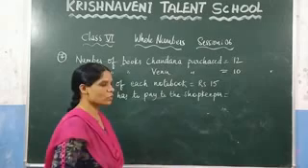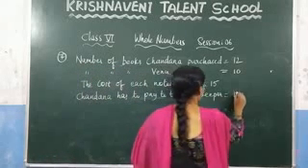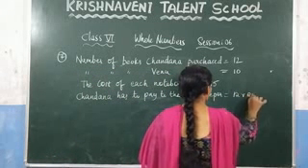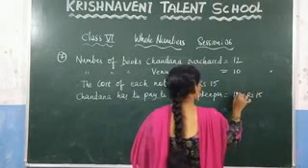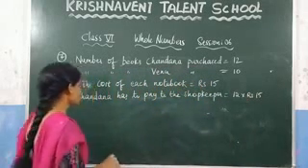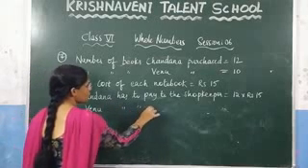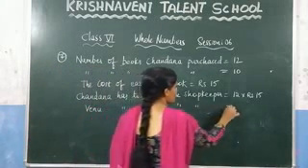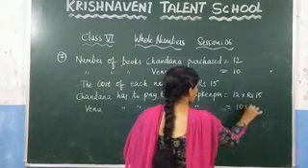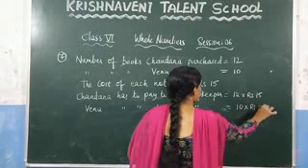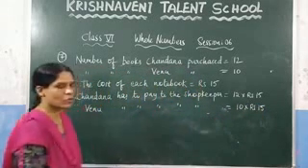She purchased 12 notebooks, so she has to pay 12 into 15 rupees, since the cost of each notebook is 15. Now here write Venu has to pay to the shopkeeper. Venu purchased 10 books and the cost of each notebook is 15 rupees. So you need to multiply these two values.